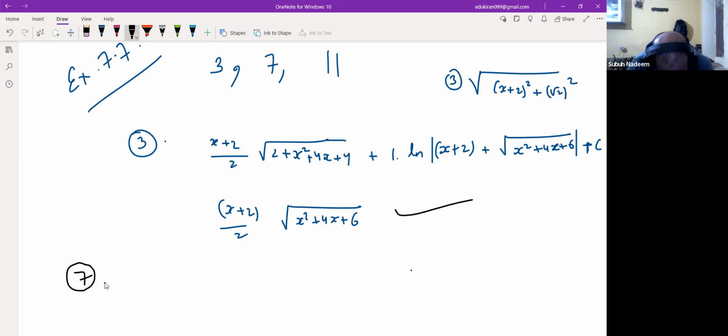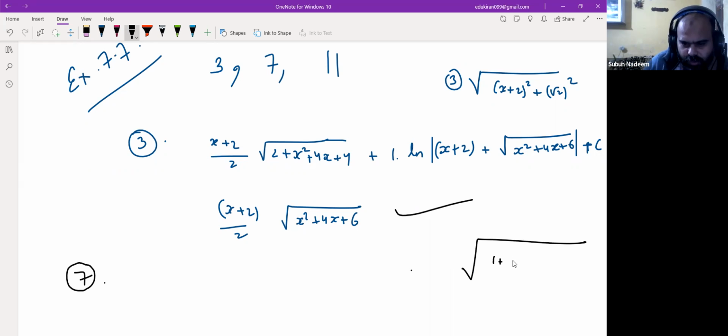So for the seventh one, I got (2x minus 3)/4. One second. This will become 1 plus 3x minus x square, which will become 1 plus 3 by 2x minus x square into 2.